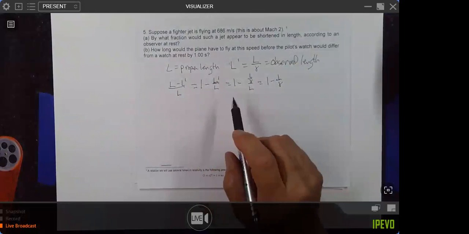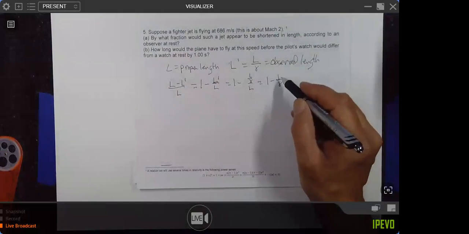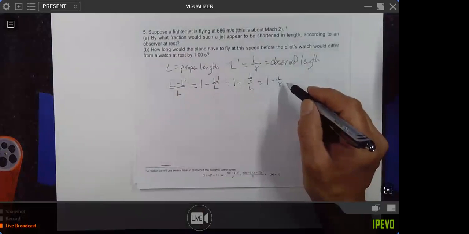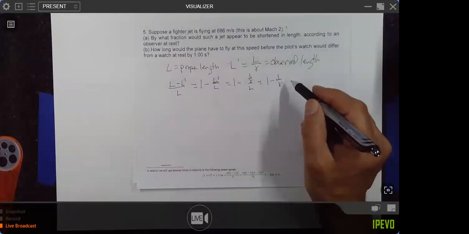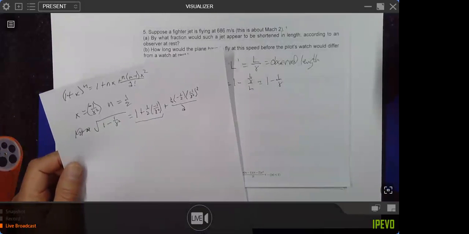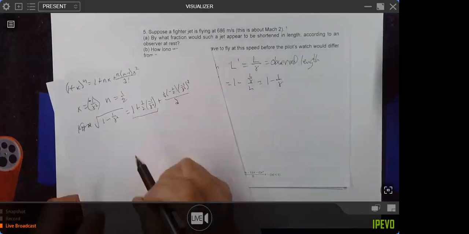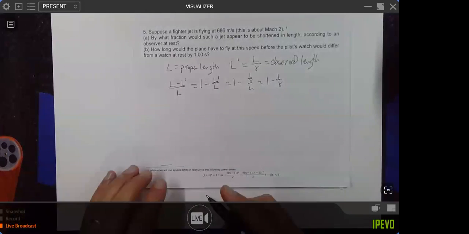So in this case, gamma is going to be very close to 1 because it's not going all that fast. And let's see, can I do anything with this? Oh, here I was solving for the fraction of the speed of light that it was going.